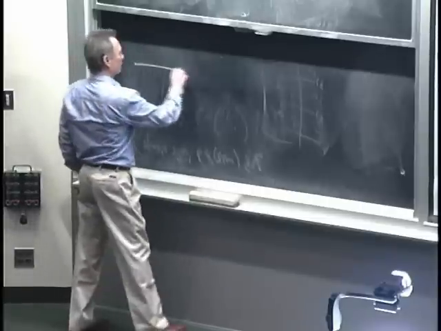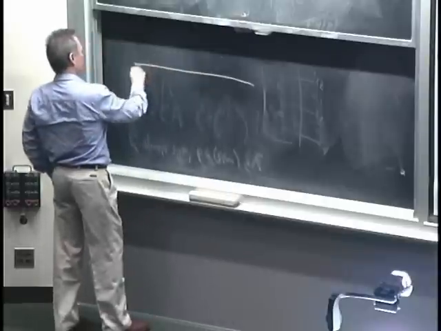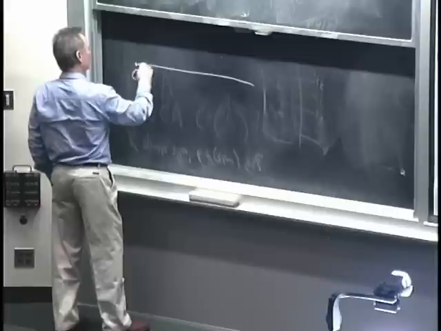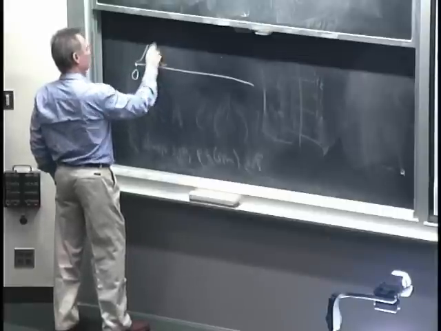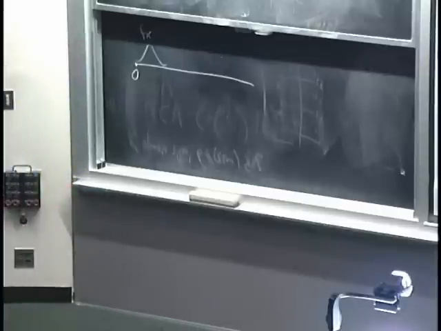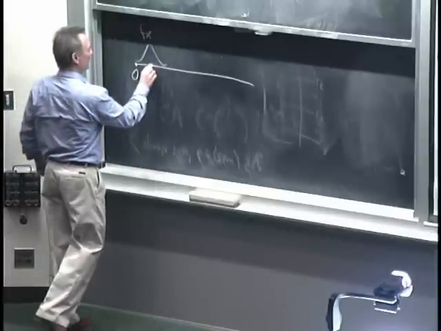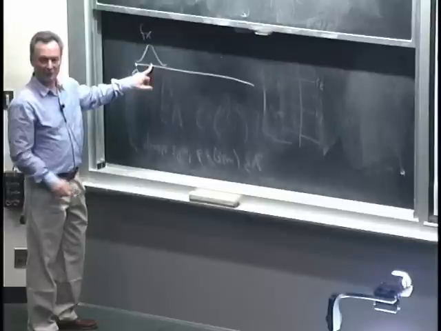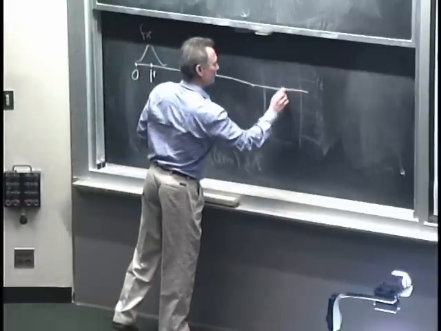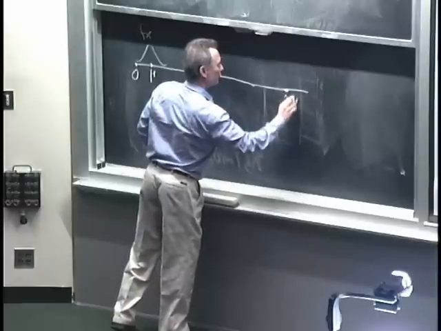Suppose that x has a distribution which is something like this. This is the density of x. If I add lots of x's together, what kind of distribution do I expect? The mean is going to be n times the mean of an individual x. So if this is mu, I'm going to get a mean of n times mu.